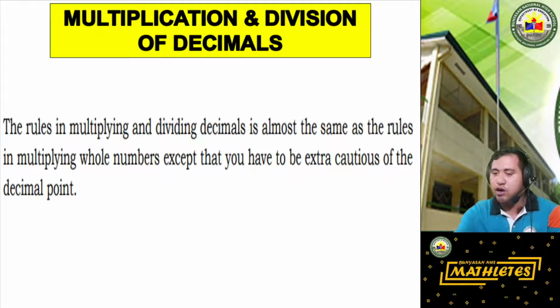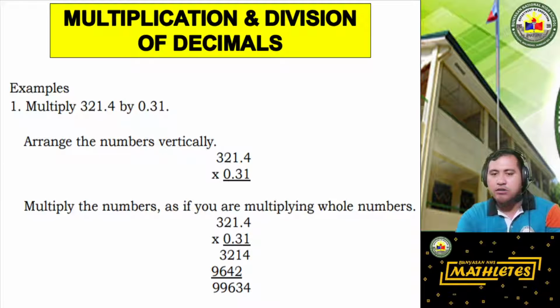For example, we have 321.4, which you are going to multiply by 0.31. Take note of the decimal places of our multiplicand, 321.4.